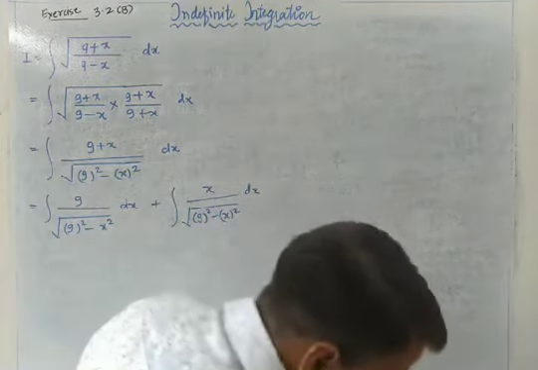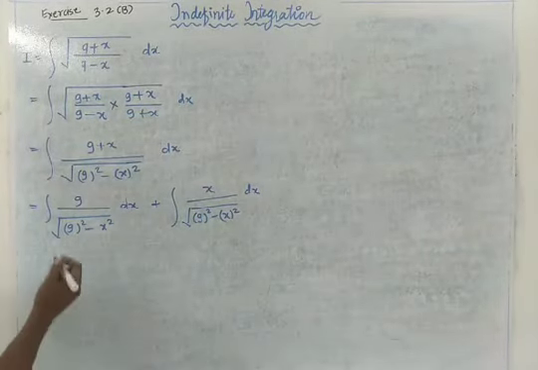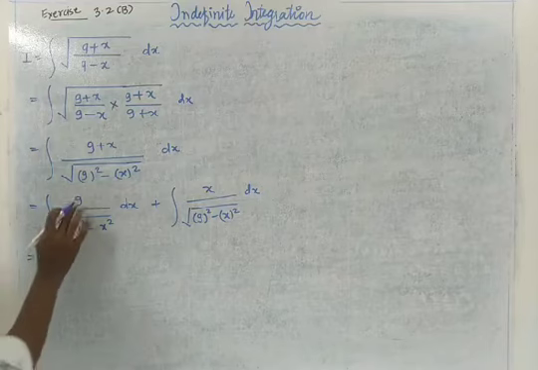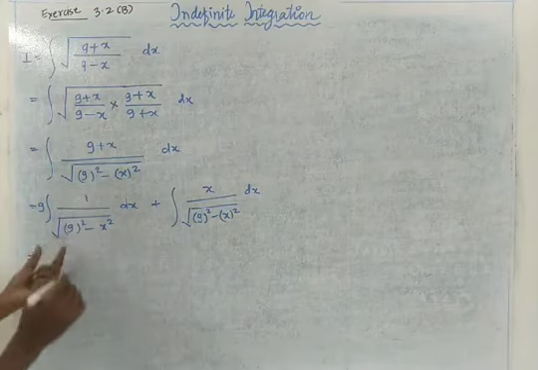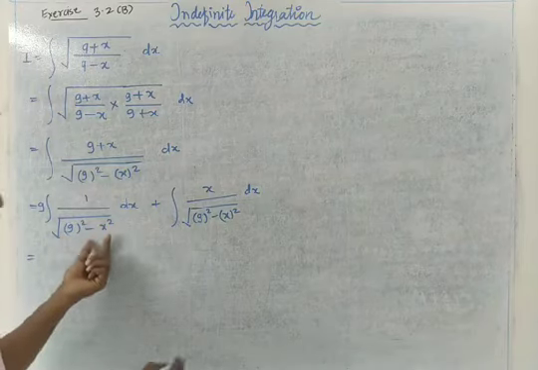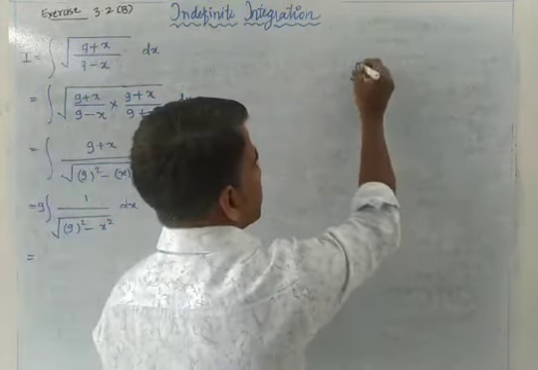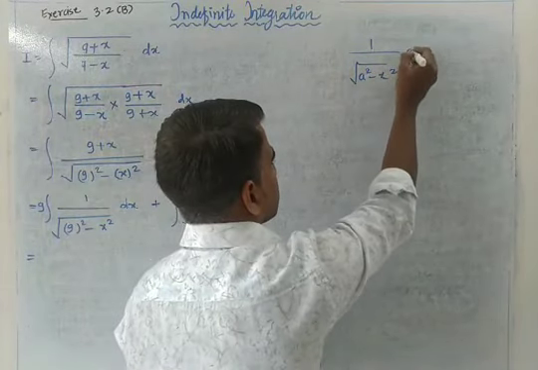Okay? Is that clear? Now 9 will easily get outside the integration, that is not a major issue. So it is 1 upon under root a square minus x square. The first part is easy, we simplify it with the 1 upon under root a square minus x square formula.